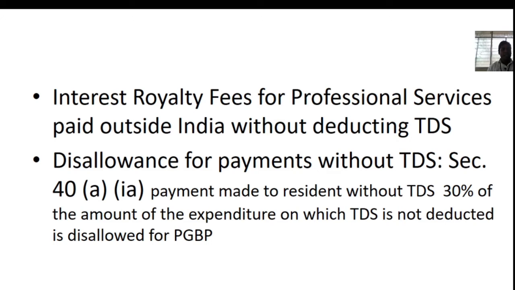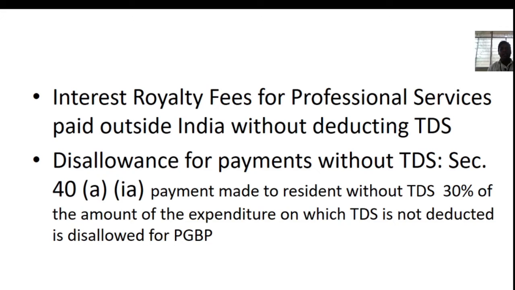Under section 40A, any interest, royalty, or fees for professional services paid outside India without deducting TDS is not allowable; it is a disallowable expense while computing income from business or profession.